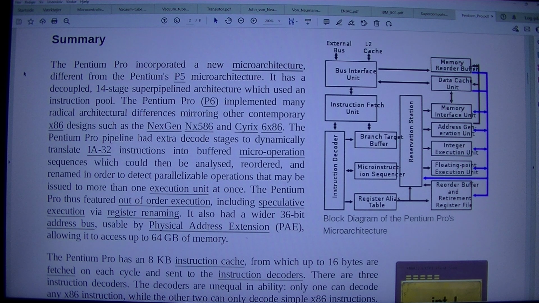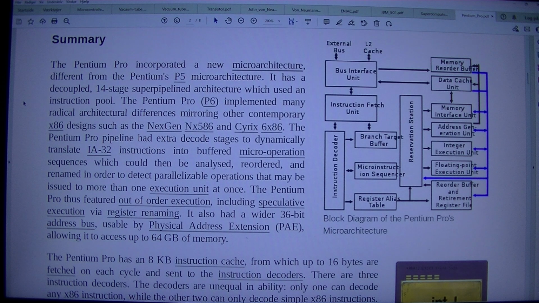Uncapped Pentium Pro 256 KB. Summary. The Pentium Pro incorporated a new microarchitecture different from the Pentium's P5 microarchitecture. It has a decoupled, 14-stage superpipelined architecture which used an instruction pool.